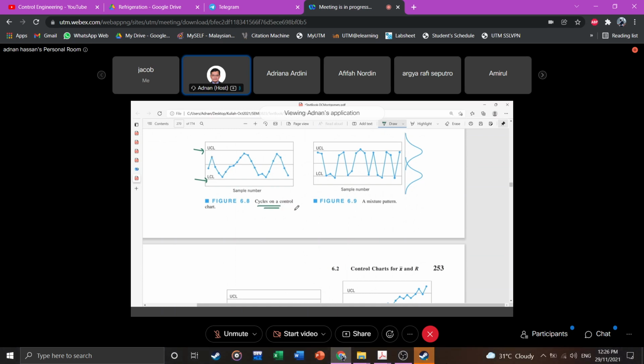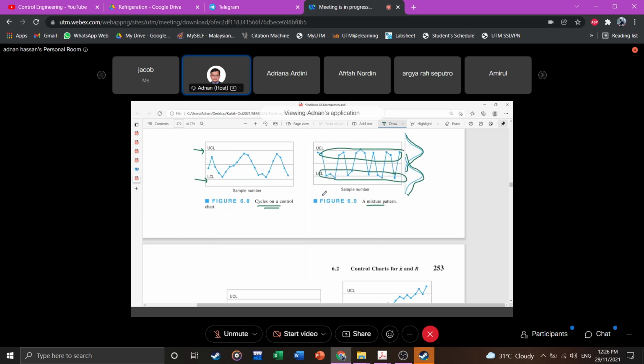As I said just now, there are possibilities: fluctuation in temperature, or something is loose, the joint is loose, so you need to tighten it again so that the wobbling goes back to the original state. Or maybe mixture. Mixture is when, for example, you have two materials coming from two different suppliers. One supplier producing this, another supplier producing this, so you may get a mixture pattern. This shows the mixture of this part, and this is also a mixture of this part.